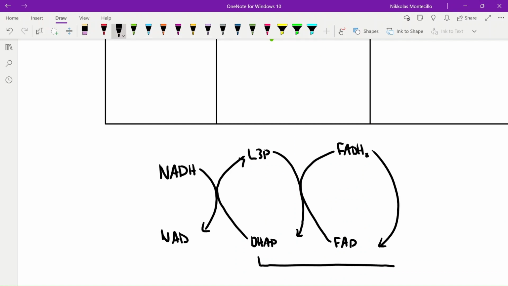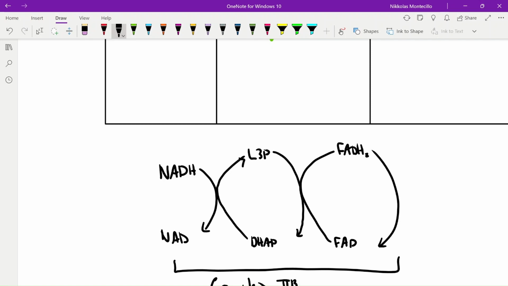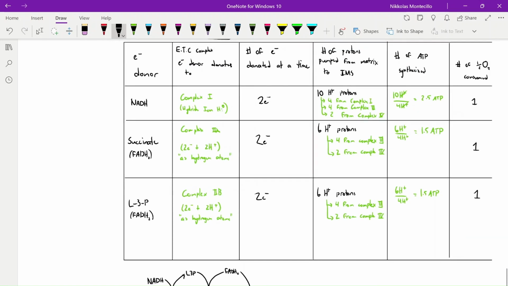This is just the mechanism of complex 2B. And then we see that the same phenomenon occurs here. 6 protons are pumped from both complex 3 and complex 4, 4 from complex 3, 2 from complex 4.